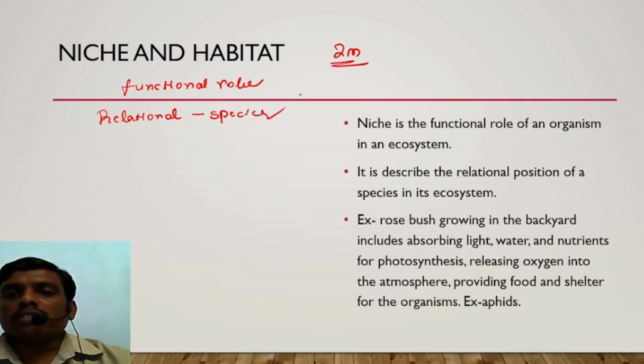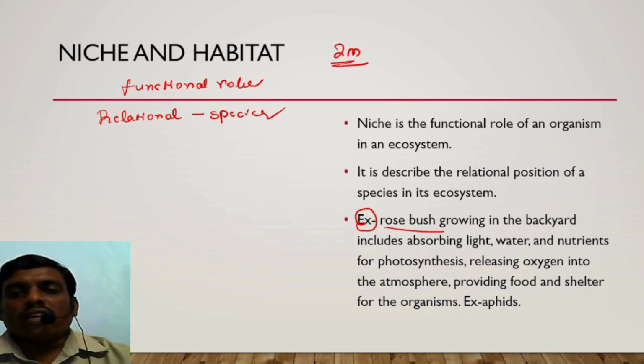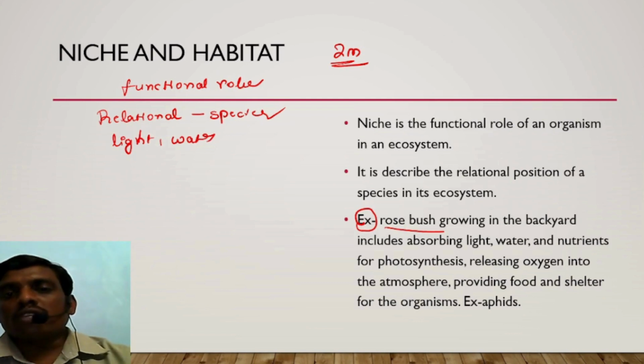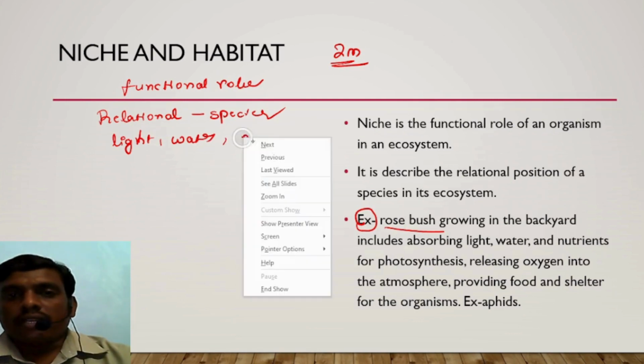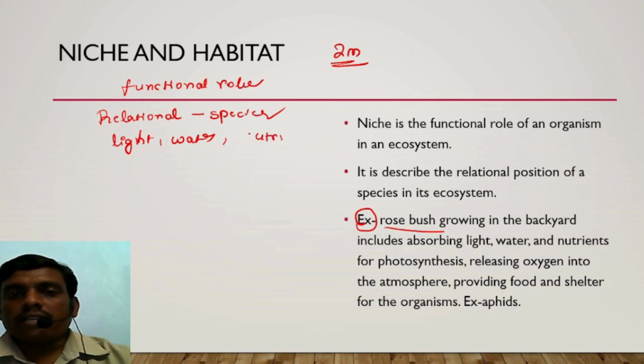Now what do you mean by habitat? Before that, let us see an example for niche. A rose bush plant growing in the backyard. In our backyard or gardens, the rose bush requires a lot of light and water, and other minerals and nutrients for the process of photosynthesis.